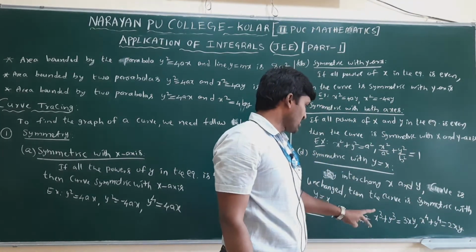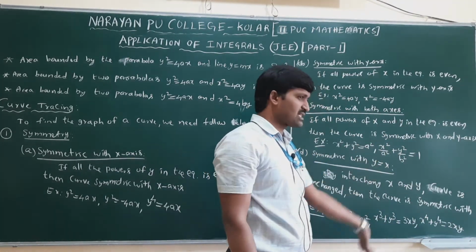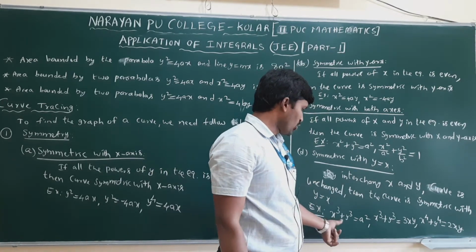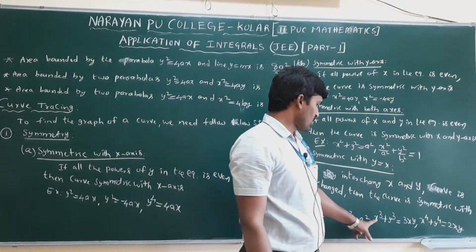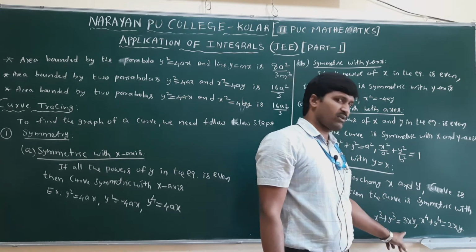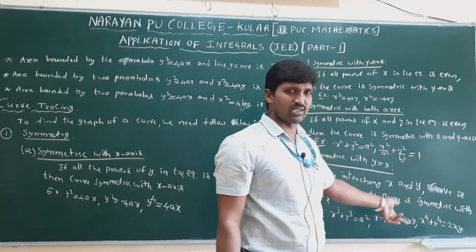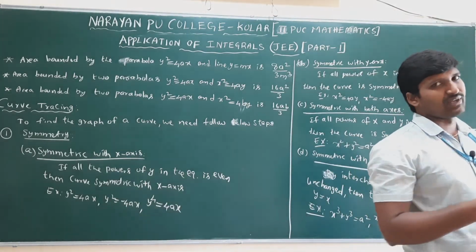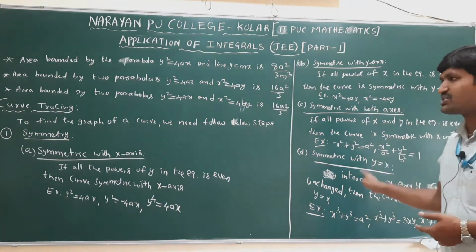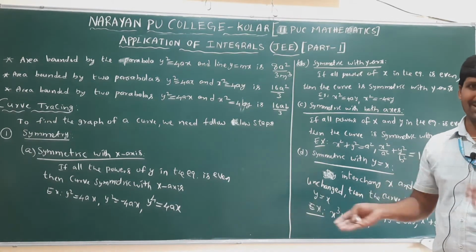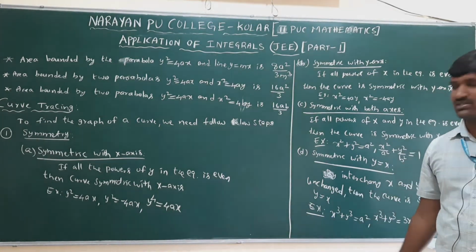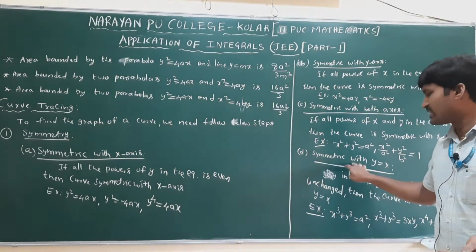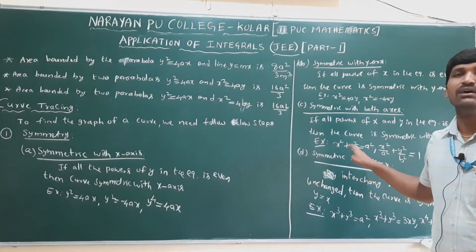You interchange the x and y symbols, but the equation remains the same: y cube plus x cube equal to a square, y cube plus x cube equal to 3xy. The equation is not changing. That's why, if you interchange x and y in the equation and the curve is unchanged, the original equation we get. Such equations we call symmetric with the line y is equal to x.